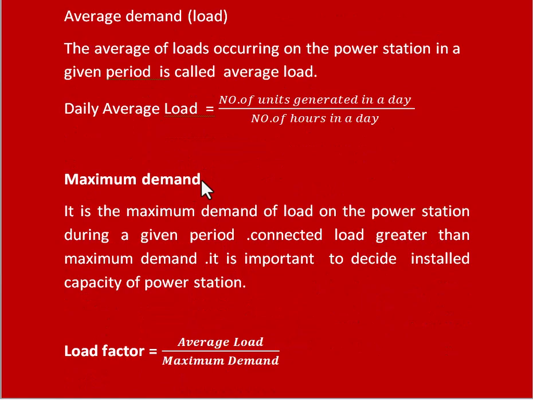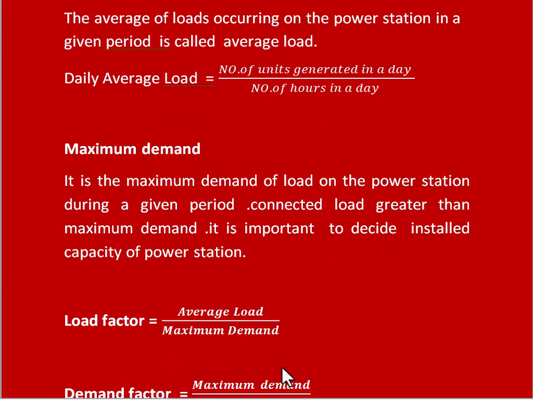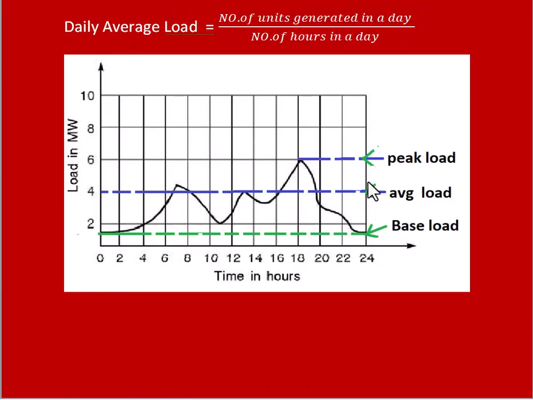Similarly, maximum demand is nothing but the maximum demand of load on the power station during a given period, and load factor is defined like this: load factor is equal to average load divided by maximum demand. Maximum demand means this peak load.